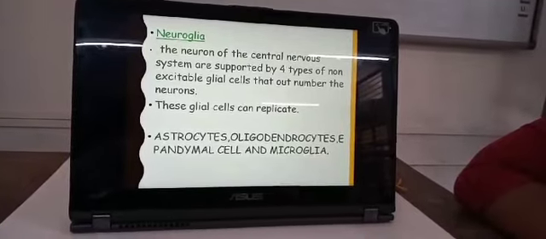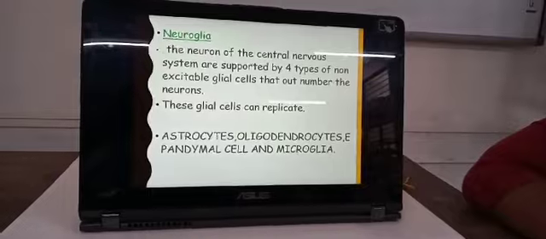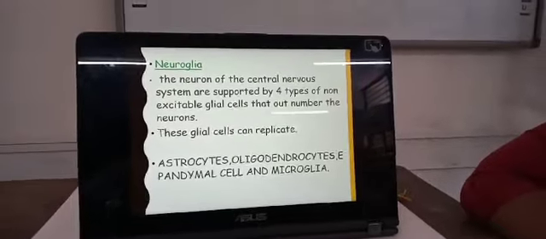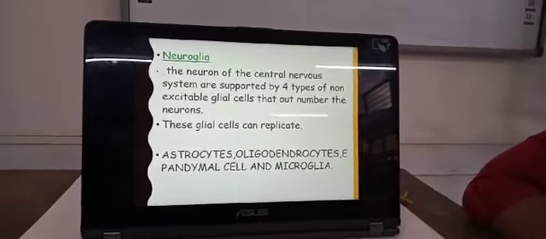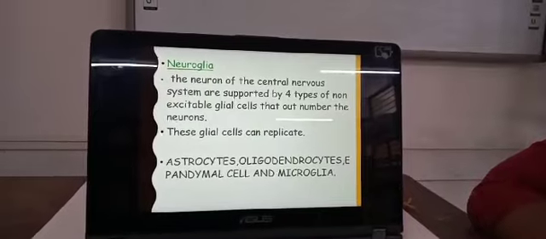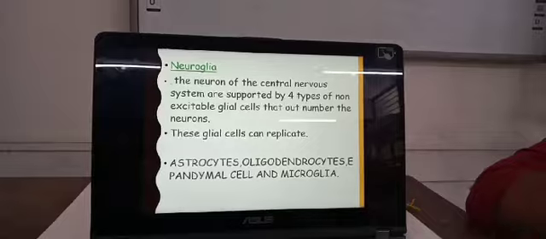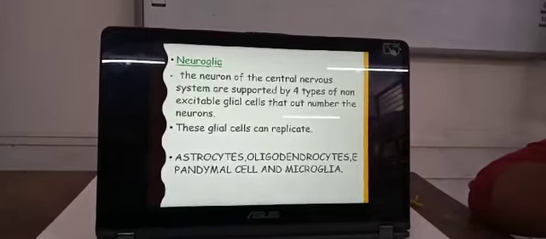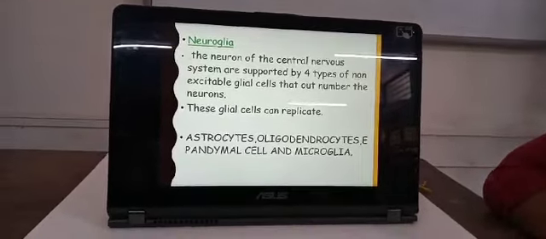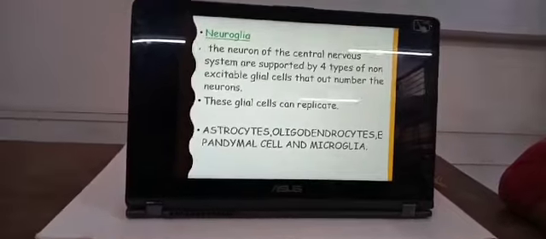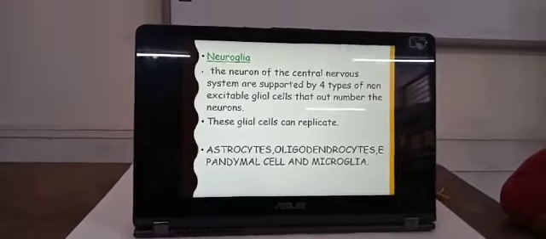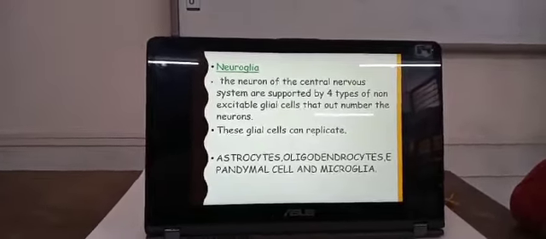The neuron of the central nervous system are supported by 4 types of non-excitable glial cells that are outnumbering the neurons. One neuron will be surrounded by numerous thickness of connective tissue cells, the glial cells. Now there are 4 different types of glial cells that we are going to learn.